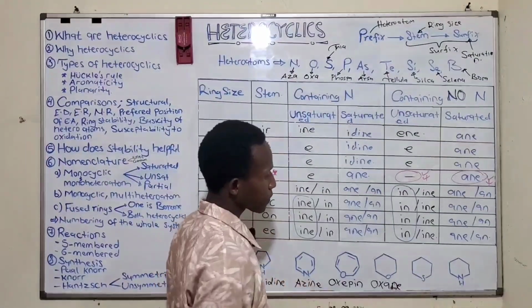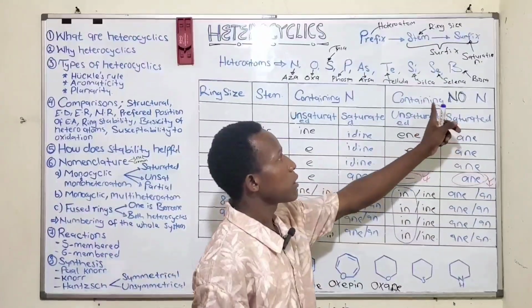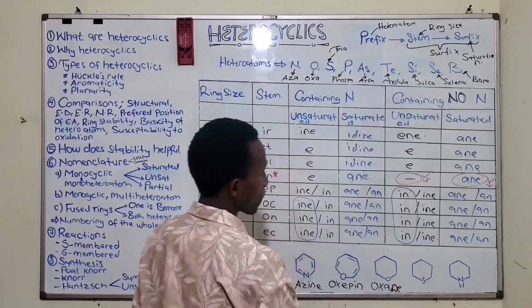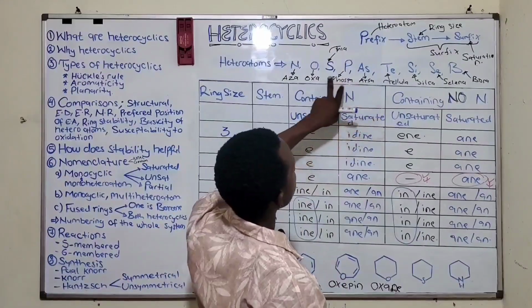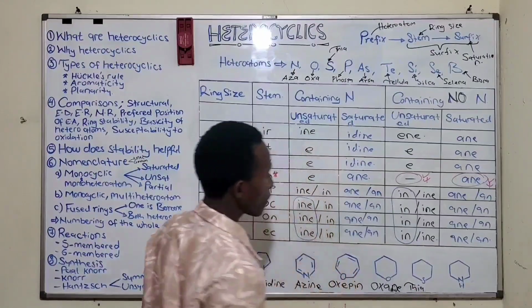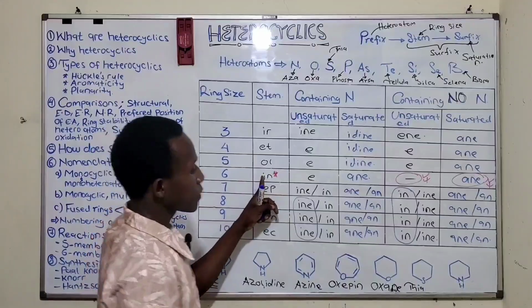We have this one. This one has sulfur, so it is containing no nitrogen. It's under these two columns. One is here, thia. It is thia. Then the stem, it is 6-membered.